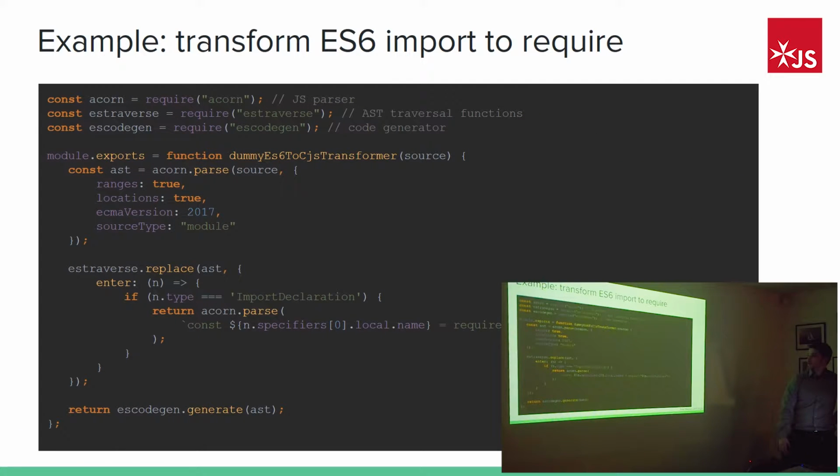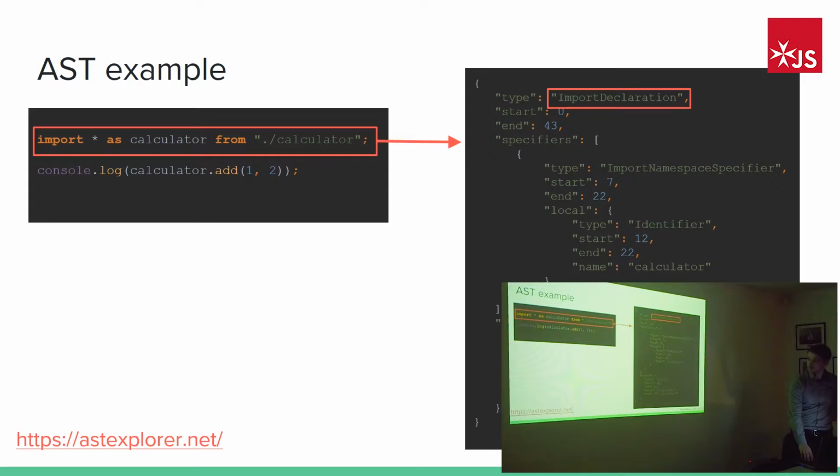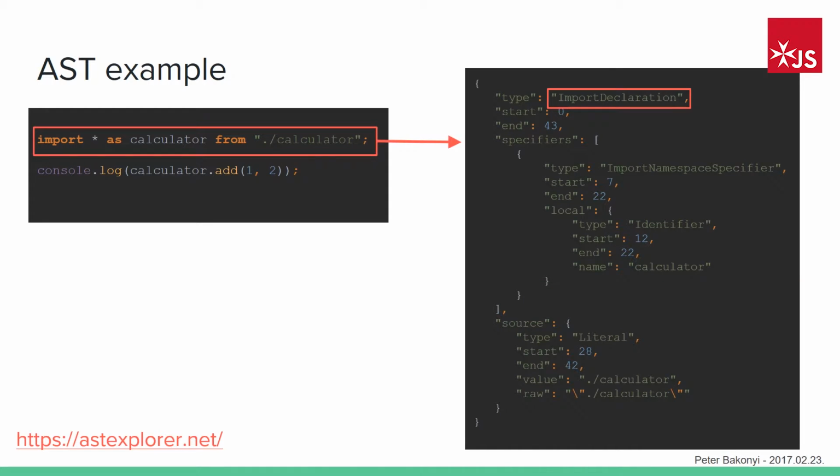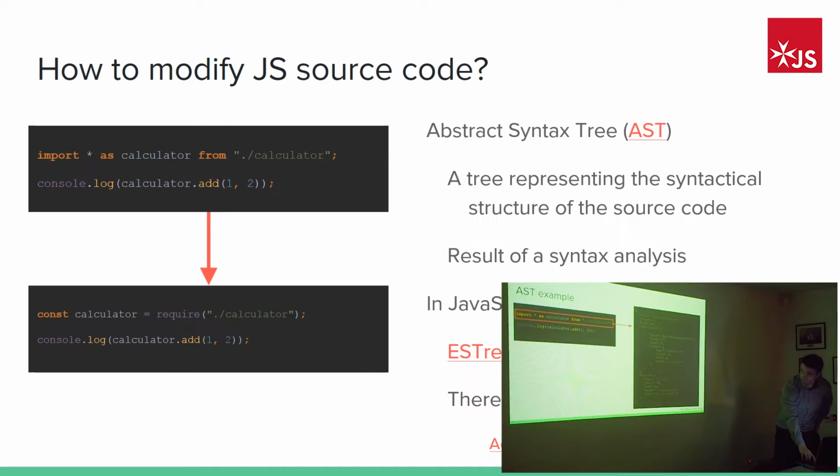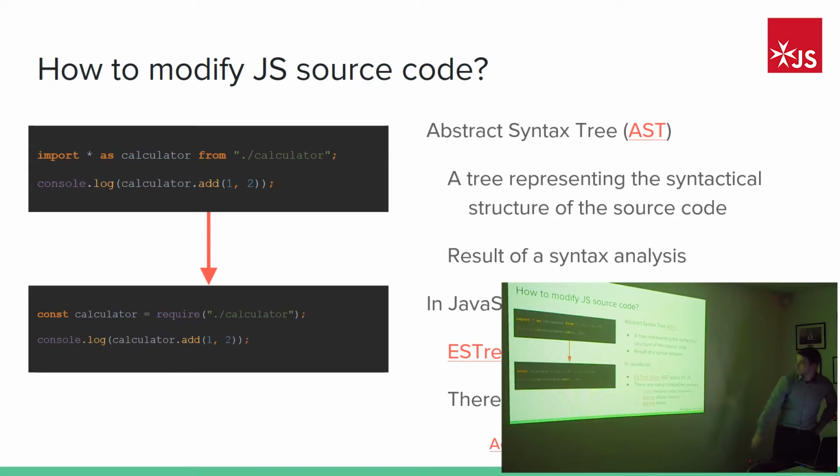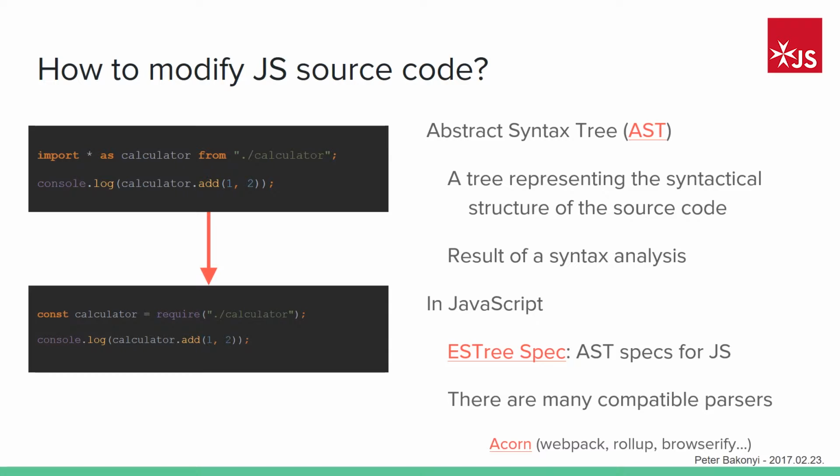Sorry, so basically this structure on the right is created by some parser, right? Exactly. So if we go back, this is the specification. It will describe that an import statement has a type of import declaration, and it's like ECMAScript.